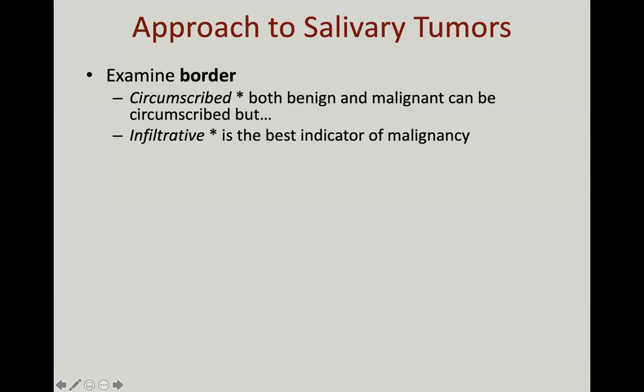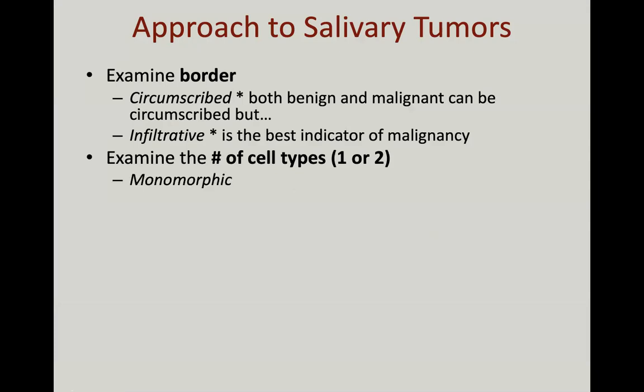So how do we look at these tumors when we first get them on the slide? We start to examine the overall border, meaning is it circumscribed or infiltrative? Both benign and low-grade malignancies can be circumscribed. However, an infiltrative growth pattern is the best indicator of malignancy. You really should not see infiltration in a benign tumor. We examine the number of cell types, whether mostly one or two.